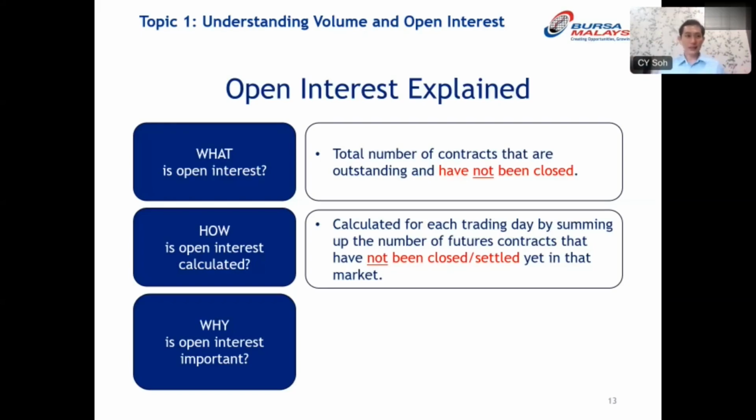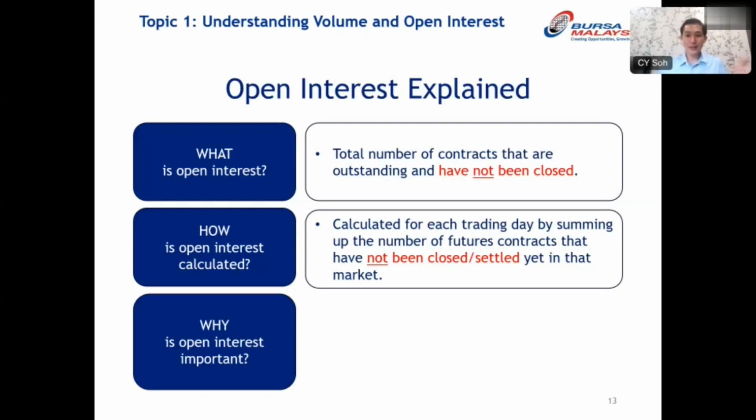So very simple. For example, you treat the market like a room or a shopping mall. When people go in, open interest increases. When people come out of the mall, open interest reduces. Okay, so this is open interest. Whereas volume is like when you go in and out of the mall, there is a bell on the gate or the door.